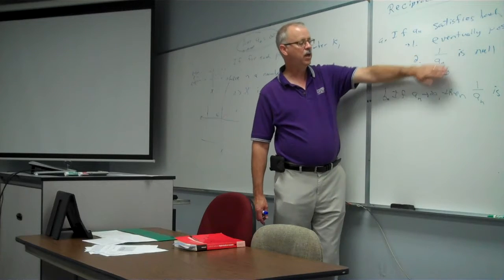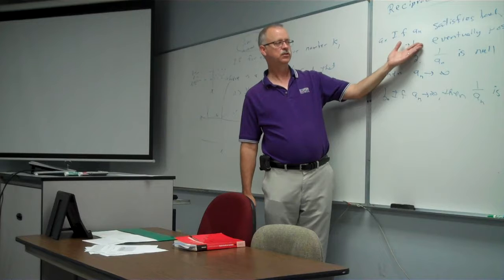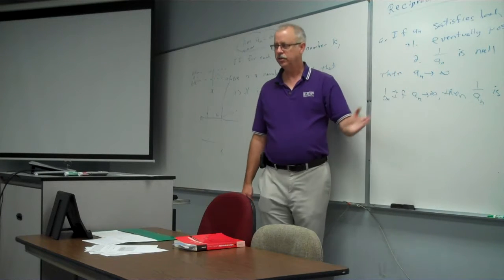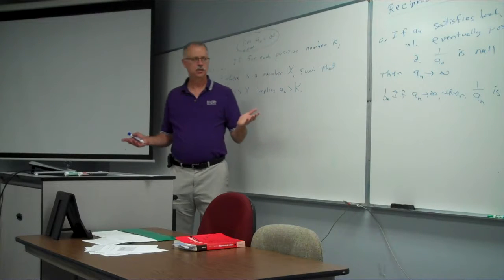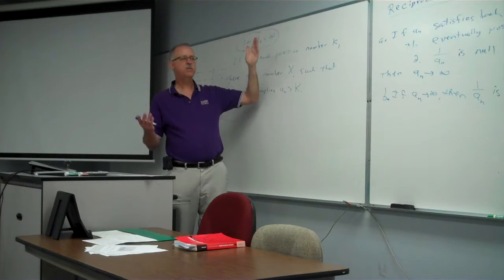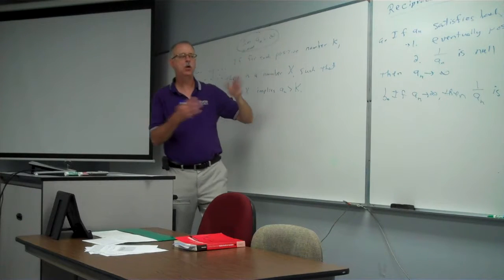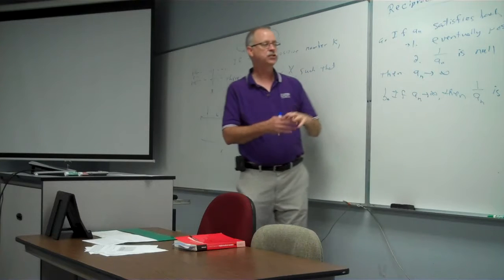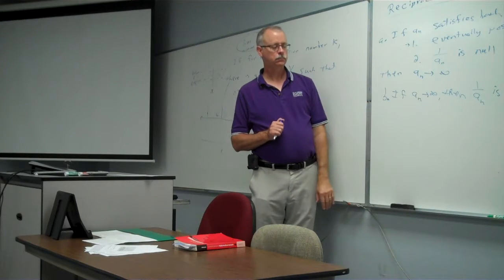Why losing this? If all we know is the sequence is eventually positive, we really shouldn't expect to know much of anything about the sequence. We could be converging to 6, we could be converging to 25, we could be diverging. We really have no way of knowing. We've got to know a little bit more to make a conclusion about the original sequence.